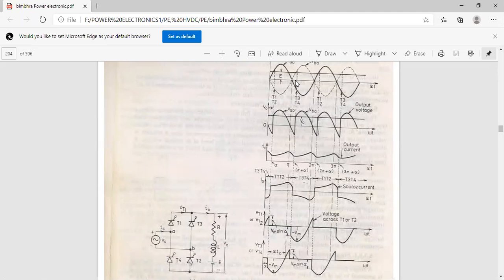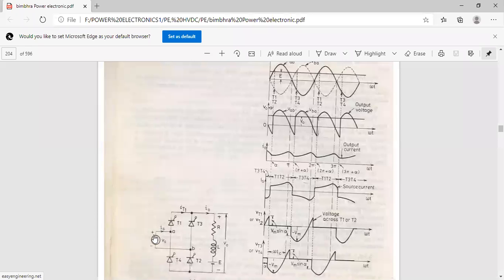See, in the output, this is input, this is output. Why is the negative cycle converted to a positive cycle? Can anyone tell? Why is this negative cycle converted into a positive cycle in the output voltage? Because of a battery? Not because of the battery.